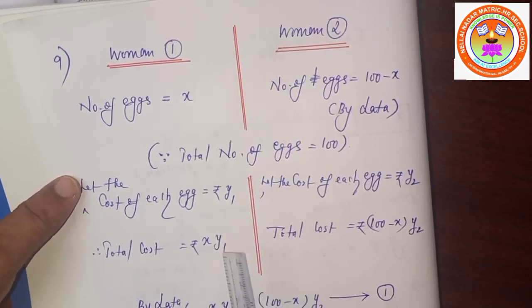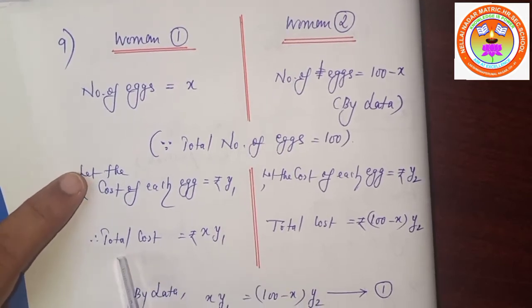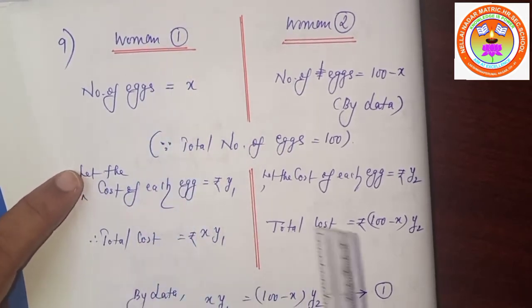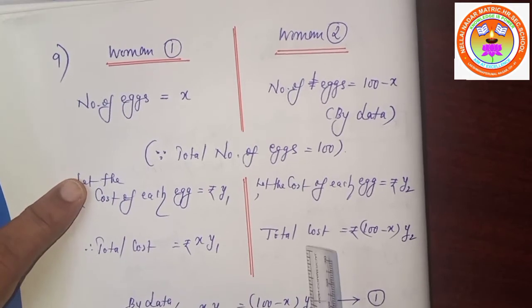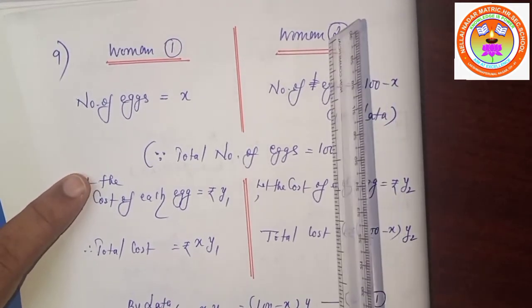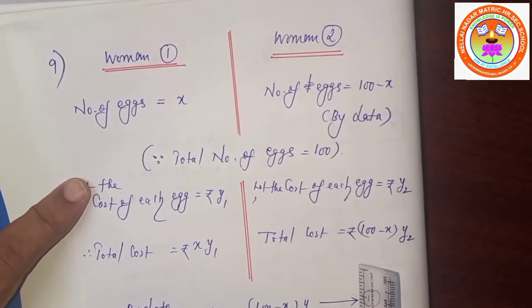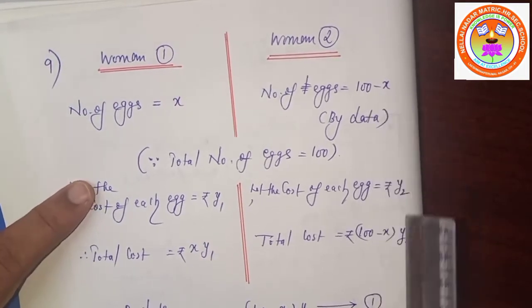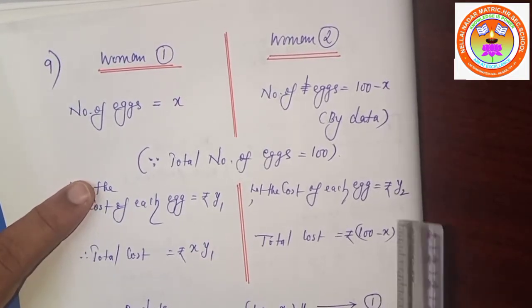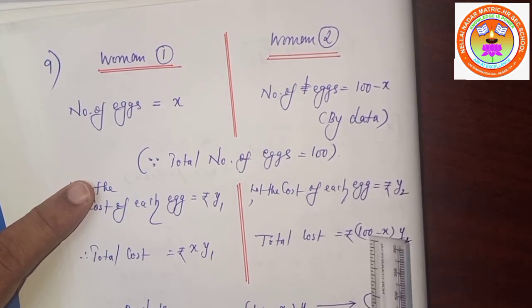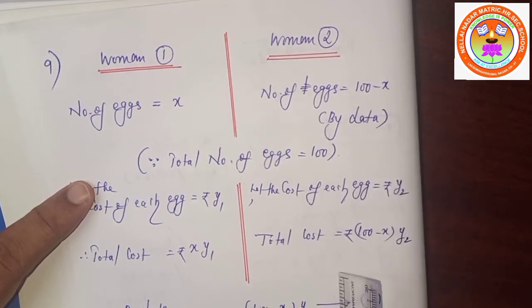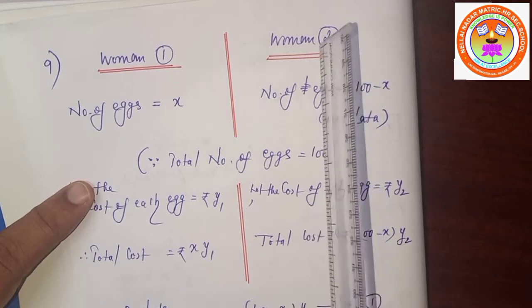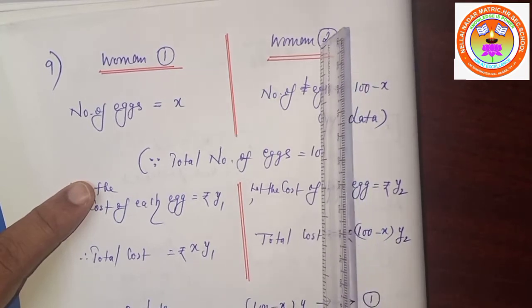That is x into y1, the total cost for the first woman. Like that, total cost earned by the second woman equals 100 minus x, the number of eggs, into y2, the cost of one egg.